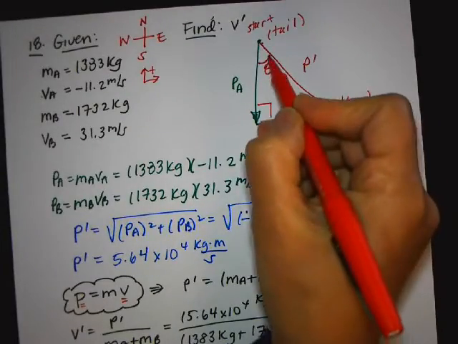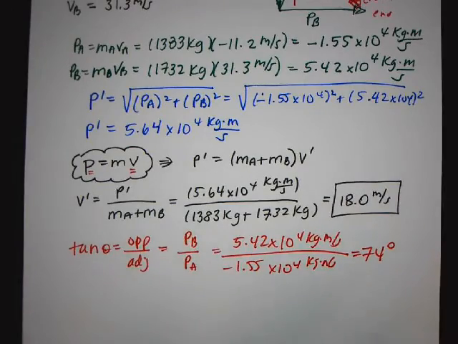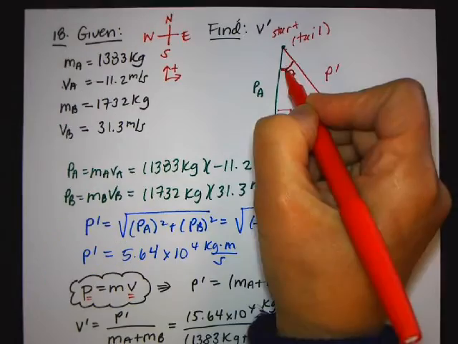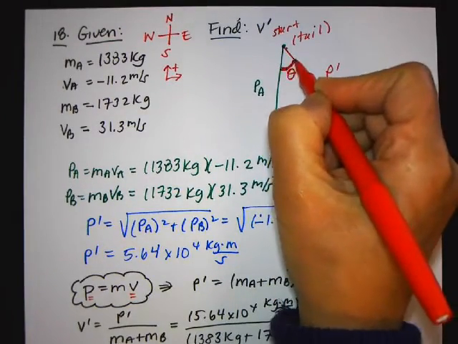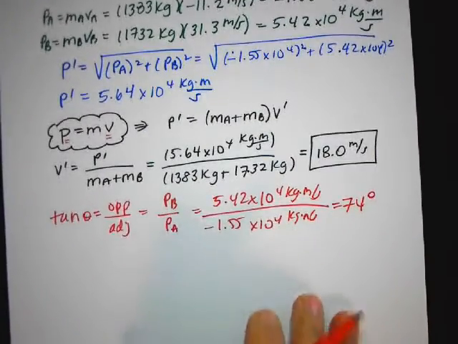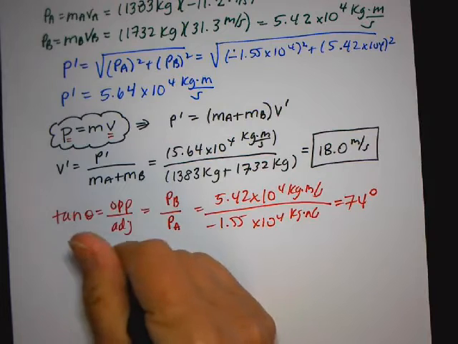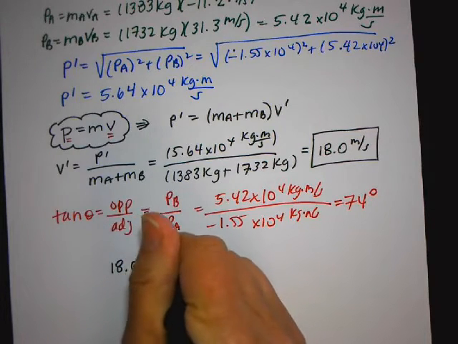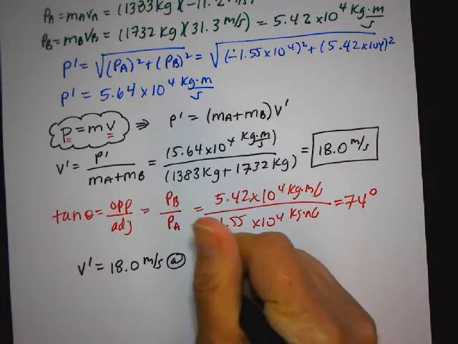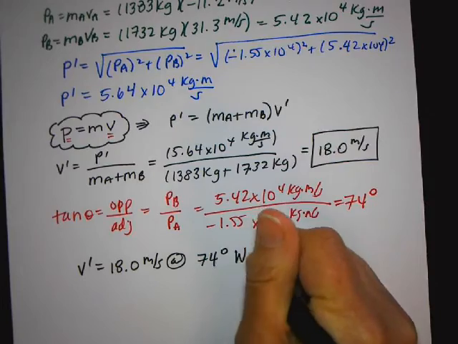That's this angle, but I'm still not done. 74 degrees from where? So now I'm going to go back to my picture. I measured this angle here. So this angle here is west of south. So my final answer would be 18 meters per second at 74 degrees west of south.